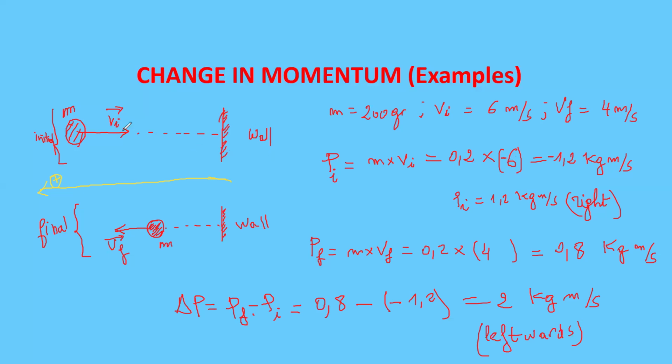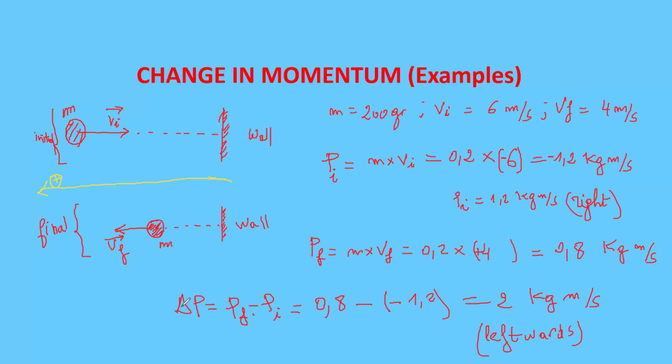For example, in the initial state, the VI is oriented to the right and my direction is to the left, so I added a minus to the velocity, minus 6, not 6. However, in the final situation, my final velocity is oriented with my selected positive orientation. They are the same. So the final velocity of 4 meters per second is a positive quantity, and the result is positive.